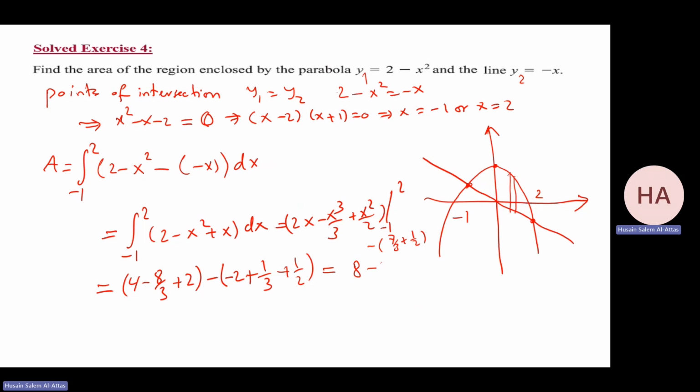Yeah. So I have minus 8/3 minus 1/3. So that will be minus 9/3. Yeah, that will make it minus half. So it's 8 minus 3 minus half, which is 5 minus half. That will be 9/2.